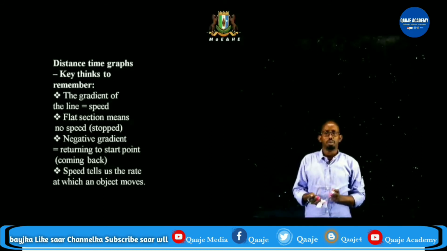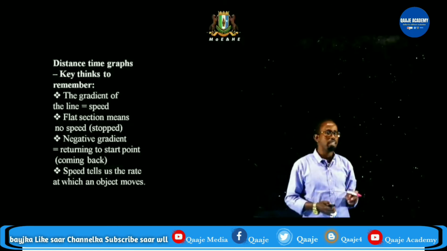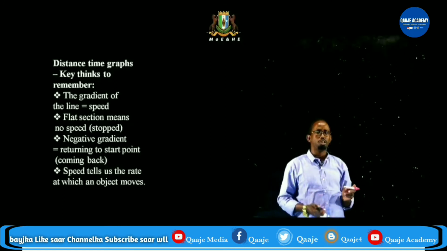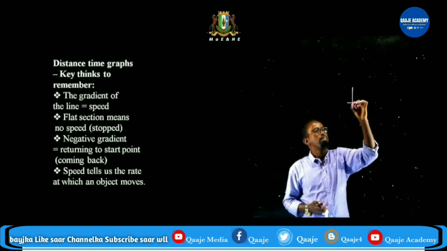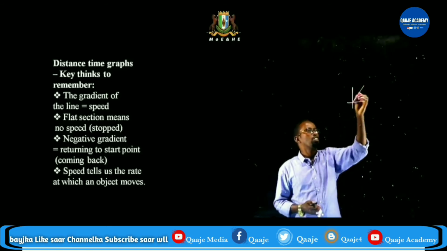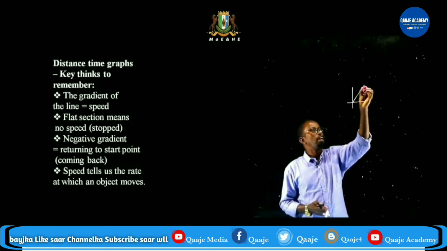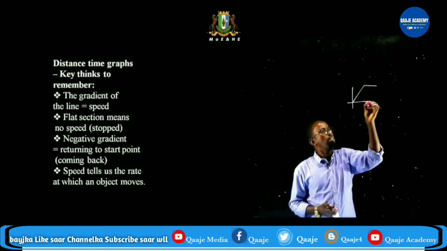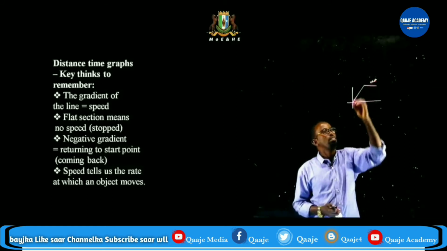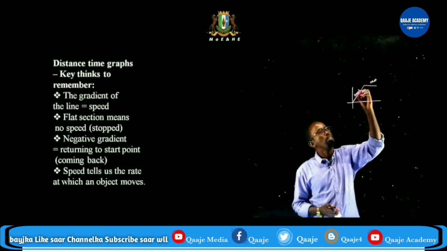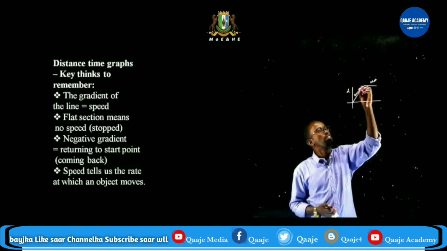Now, key points to remember: the gradient of the line is always equal to the speed. So that one is the speed. The gradient is the speed. The flat region, that one is state of rest. This is rest. This is constant speed. That is d against t. This is constant.